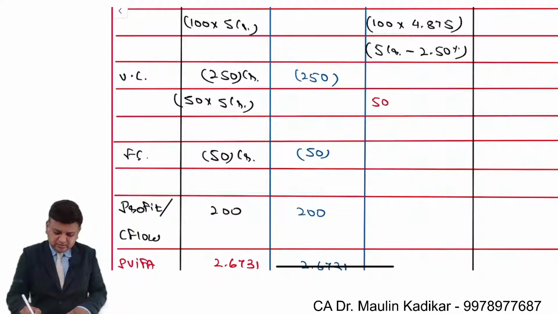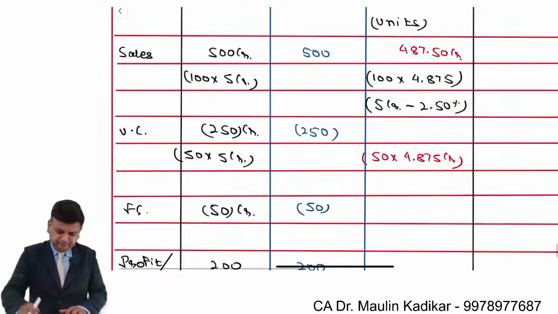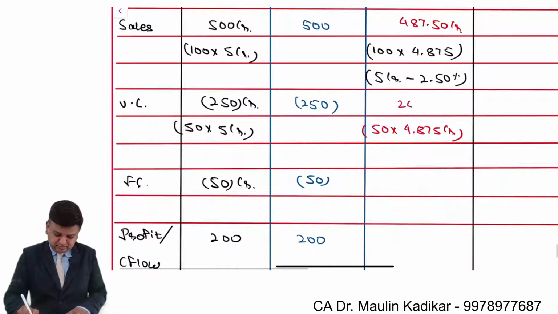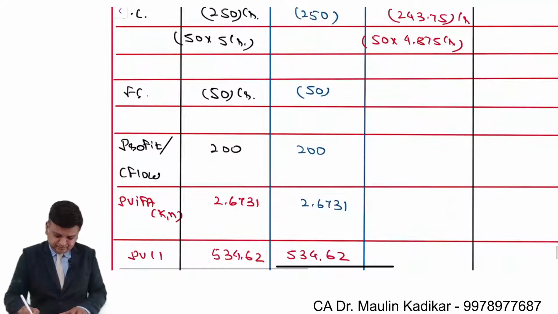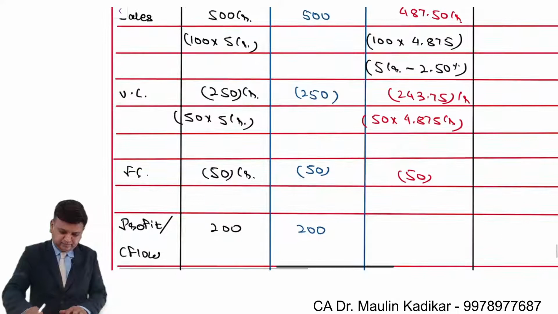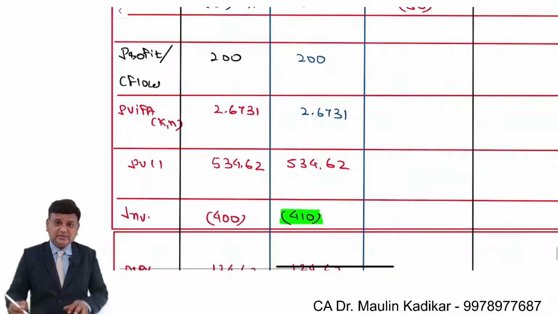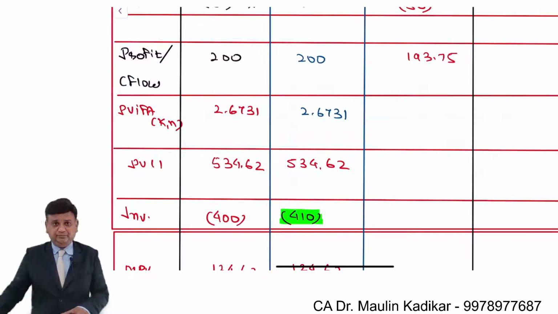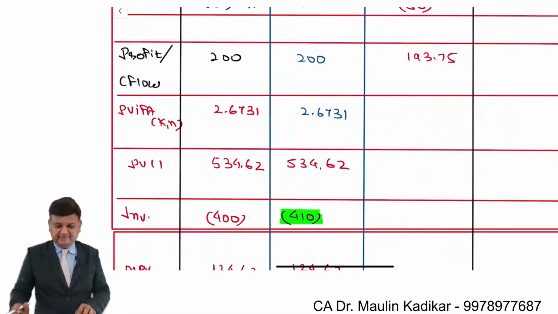Then 50 into 4.875 crore, 243.75 crore. Then 193.75 crore into 2.6731.